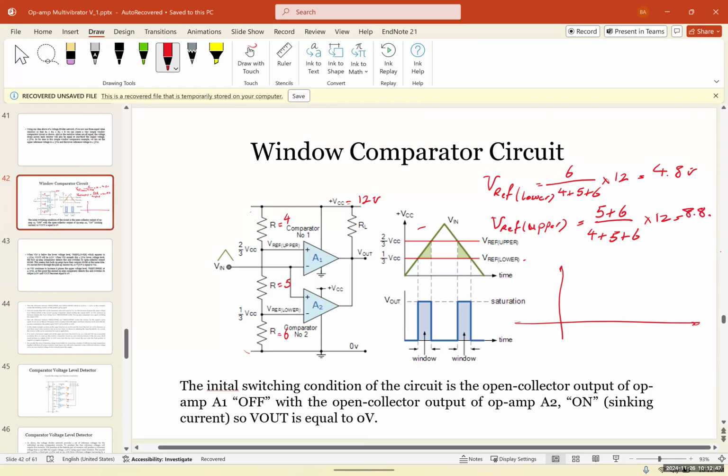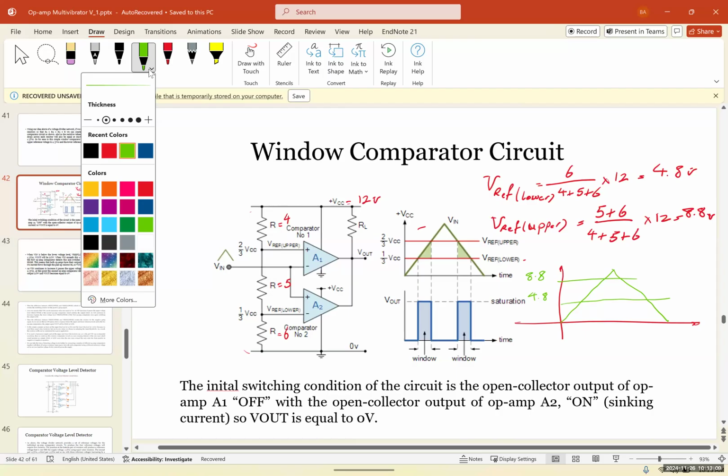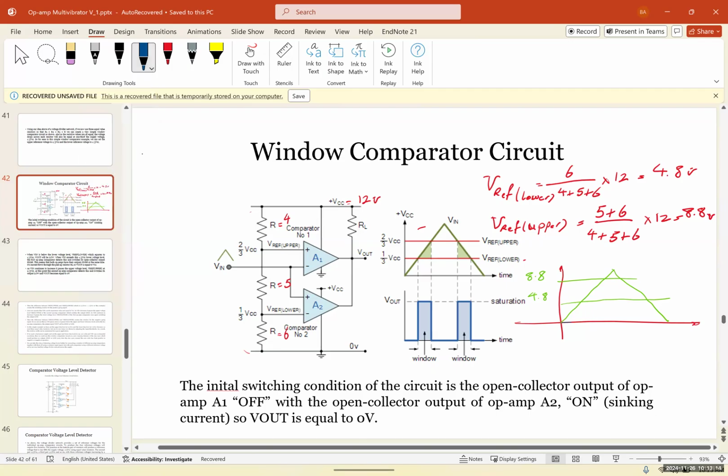So the upper voltage is going to be 8.8, the lower voltage is going to be 4.8. And the way that it works, if this is the input, the lower would be here, 4.8, and the upper would be 8.8. And the output is going to look like this. It's going to be 0, then 1 up to here, again here it's going to be 0, to here, and then again from here to here.